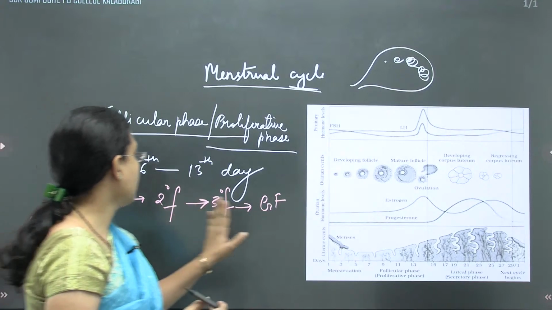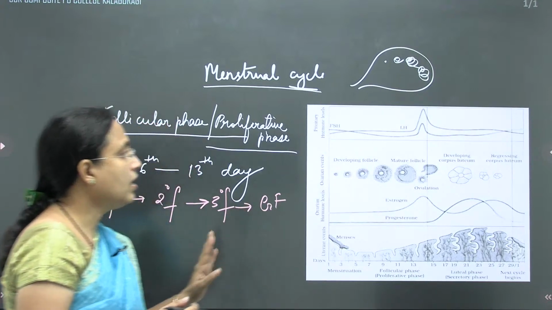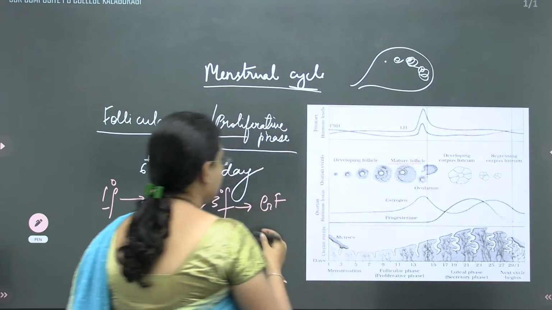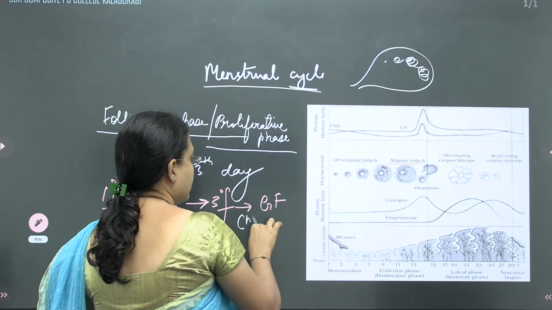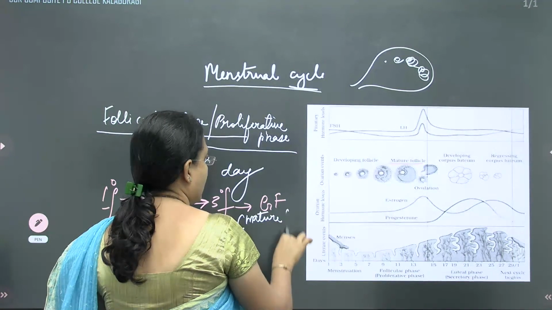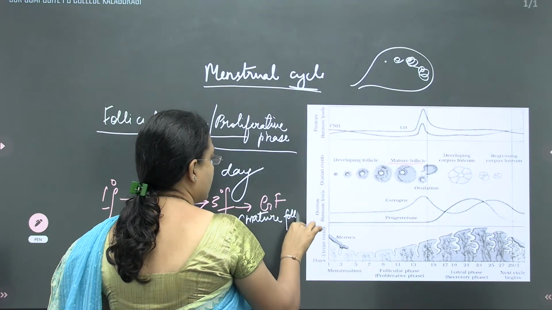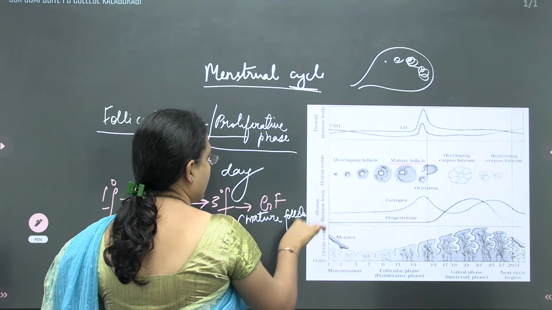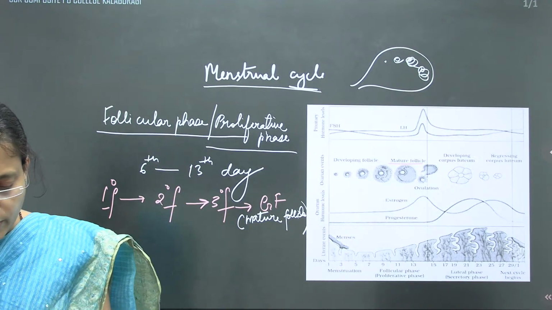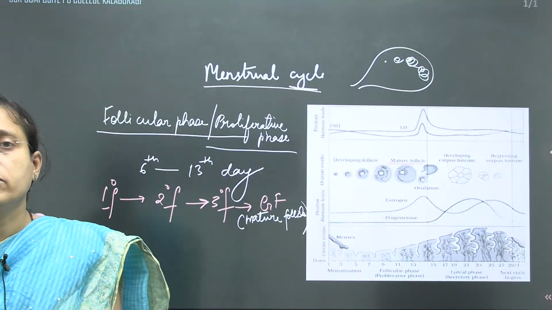This is the last one, called Graafian follicle. The Graafian follicle is a mature follicle. Understand? It is also called the mature Graafian follicle.